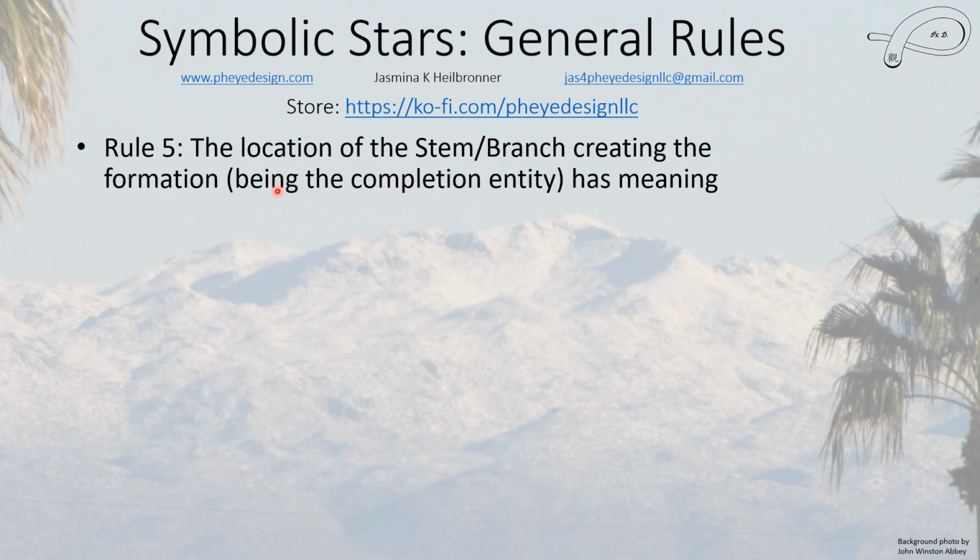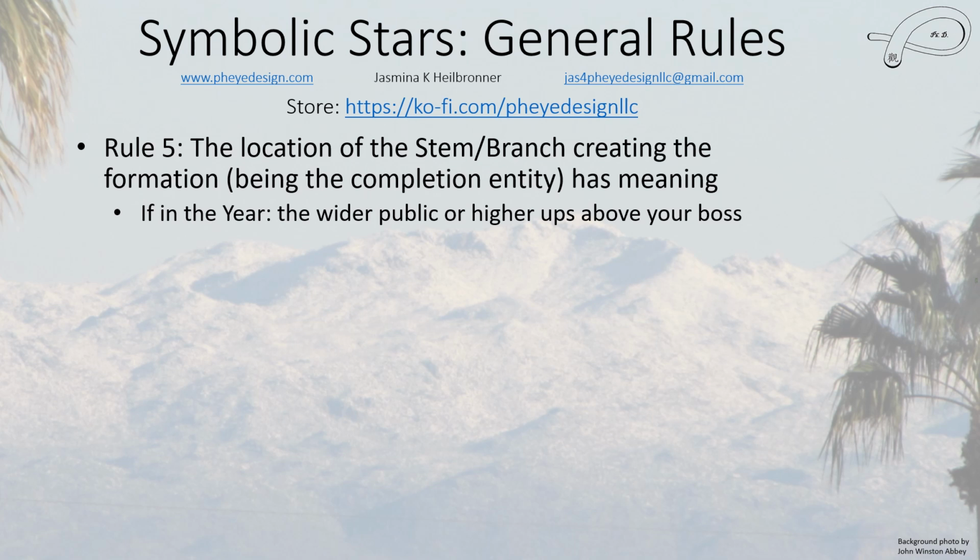Rule number 5, the location of the stem or branch creating the formation, that is the completion entity, has meaning. It's not just, oh, you have it and that's it. In general, if it's in the year, the people that affect you the most will be the wider public or the higher ups above your boss.